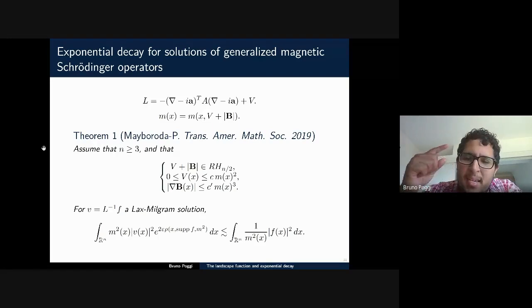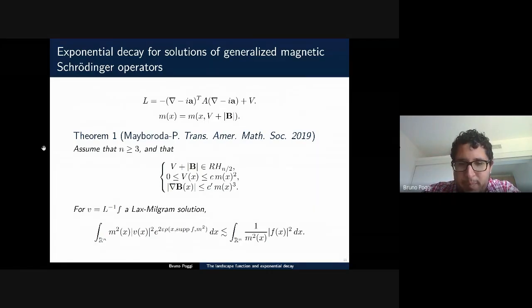But actually, we need to ask for two more assumptions, which are not so natural. And this is written here: that V is controlled by M, the maximal function, and also that the gradient of the magnetic field is controlled by M. These are not natural assumptions.